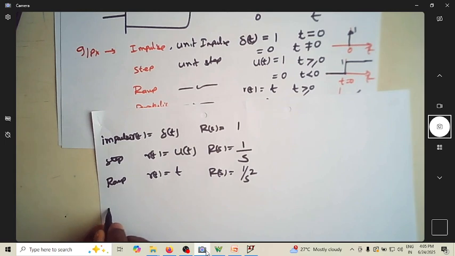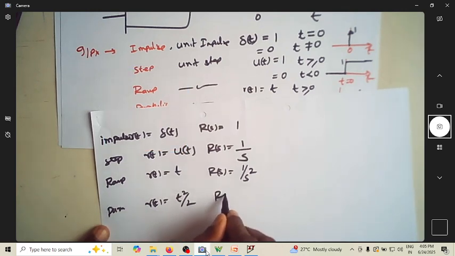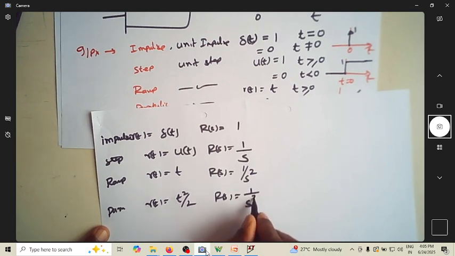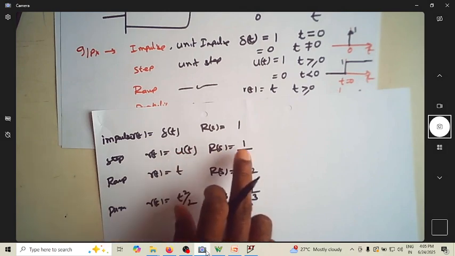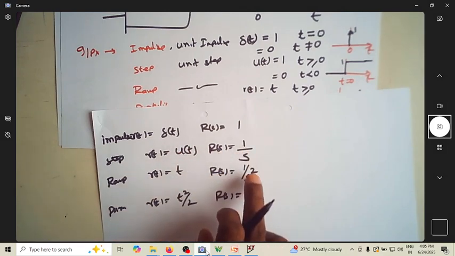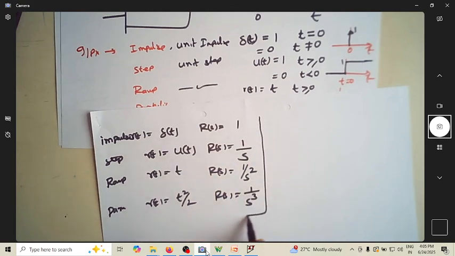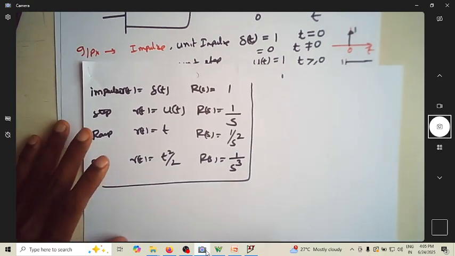If I take a parabolic input, r(t) equal to t square by 2, then R(s) is equal to 1 over s cube. This is the Laplace of an impulse, a step, a ramp input, and a parabolic input. So we are writing the Laplace transform of the inputs.